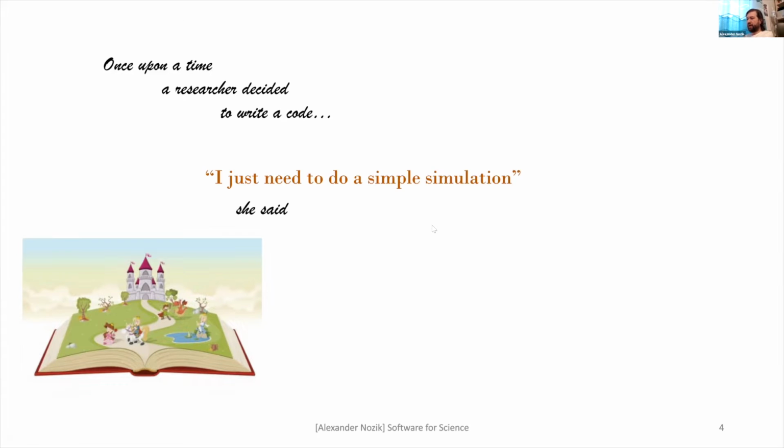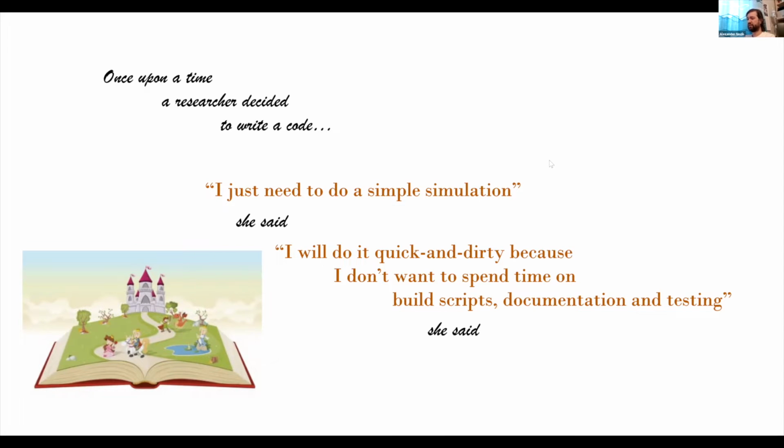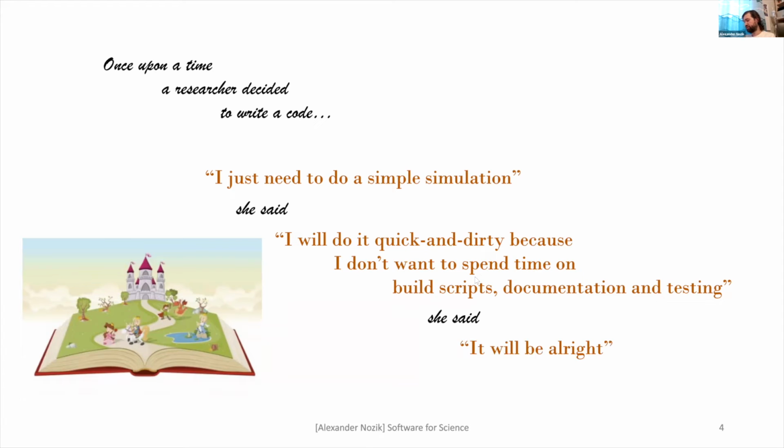Okay, I just need to do a simple simulation, she said. The researcher was a woman. And I will do it quick and dirty because I don't want to spend a lot of time on this simulation, and I do not want to work with build scripts and documentation and testing because it's a one-time thing, she said. And it will be all right, she said.